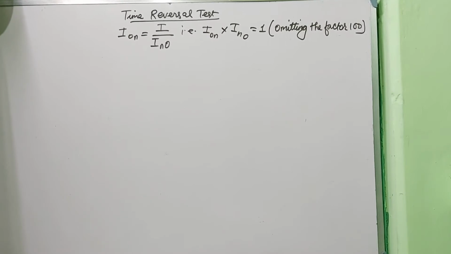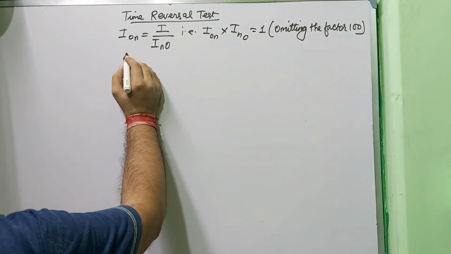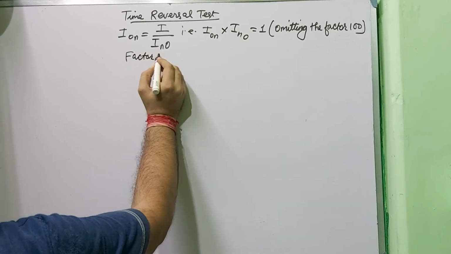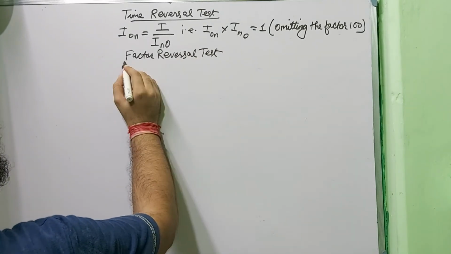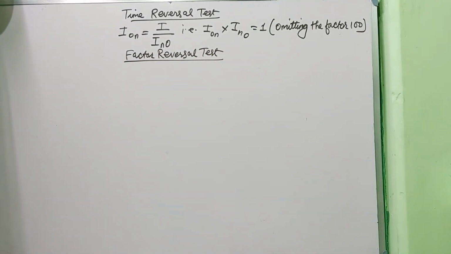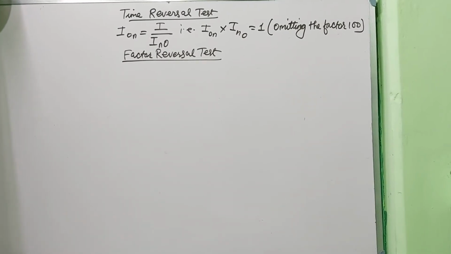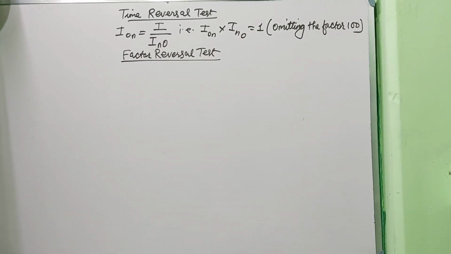Same for factor reversal test. An index number formula is said to satisfy this test if the product of the price index number and the corresponding quantity index number is equal to the value ratio, that means the true value ratio, omitting the factor 100.